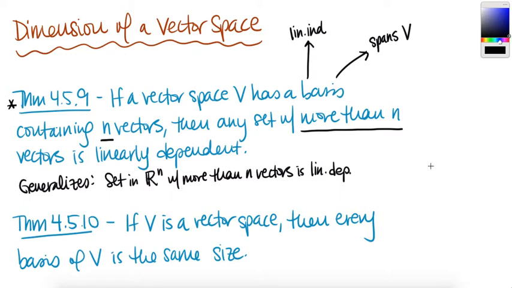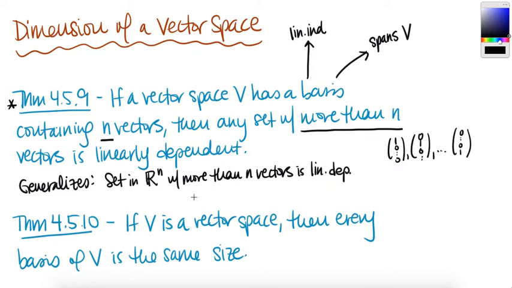The basis of Rn is going to be the columns of the n by n identity matrix. They look like this. So that's a standard basis for Rn. There's n of those in there, so it's got a basis with n vectors. More than n vectors will be dependent.